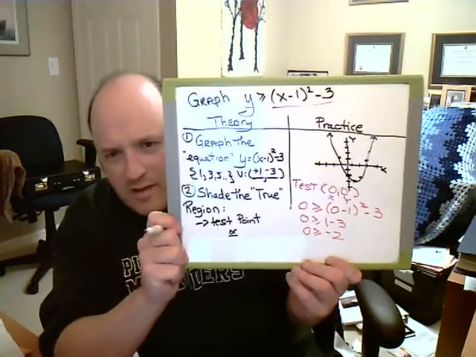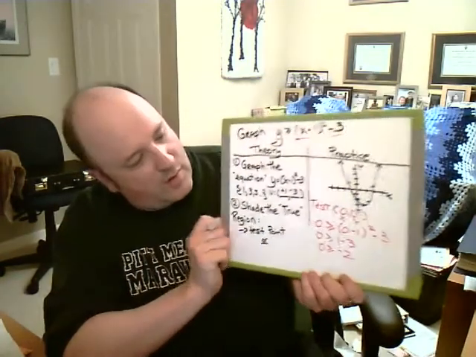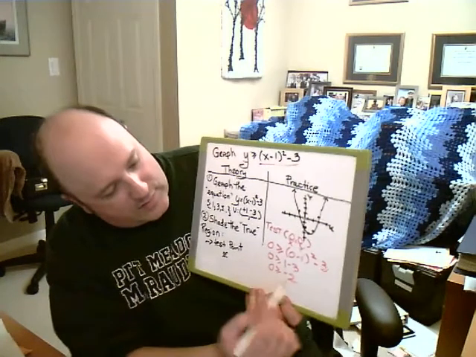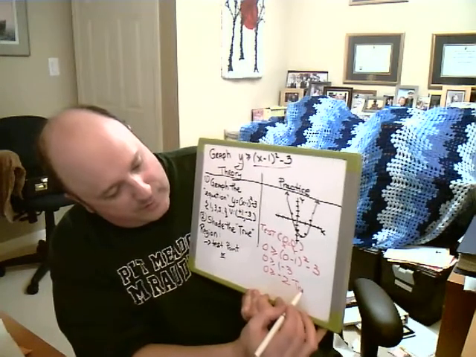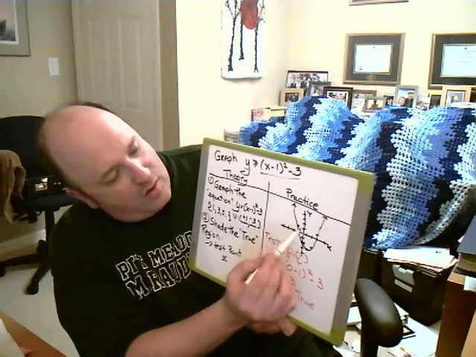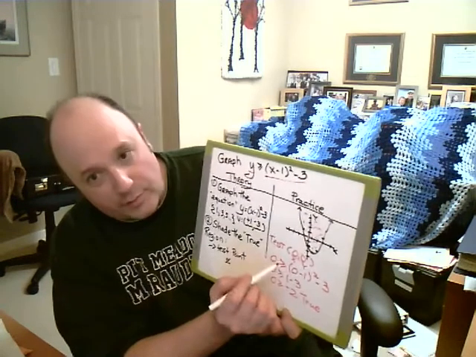Is 0 greater than or equal to negative 2? Yep, it sure is. So what it means is that because this point 0, 0, when we plug it in, gives us a true statement, it means that this point and all the other points in that region are also true.